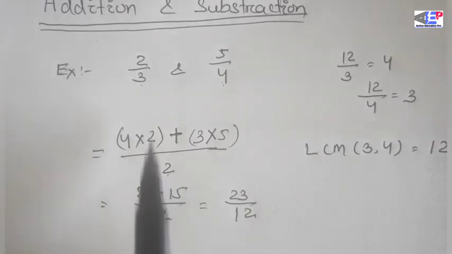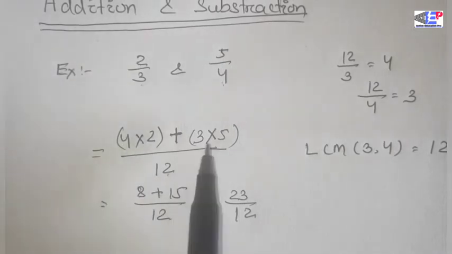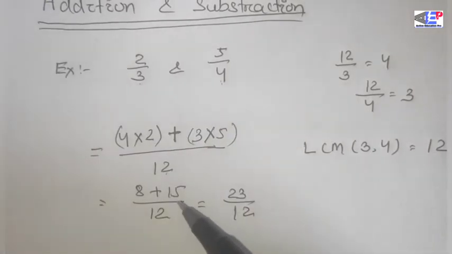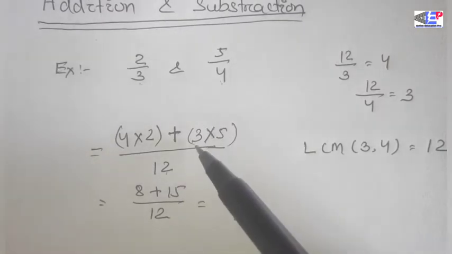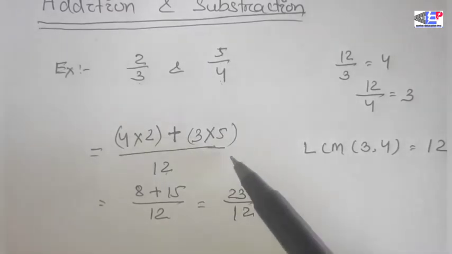Here we divide 12 by 3, the quotient is 4, and the same quotient is multiplied with the numerator 2. Similarly follow this process for the second rational number. Divide 12 by 4 and the quotient is 3. Then multiply the 3 with the numerator of the second rational number, 3 into 5.